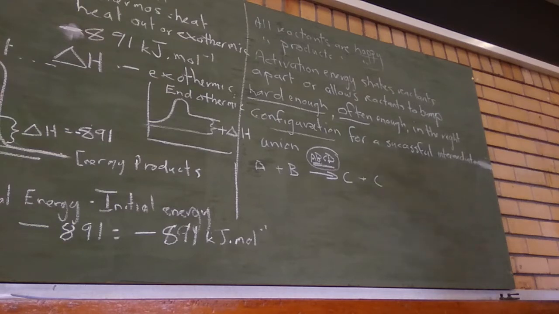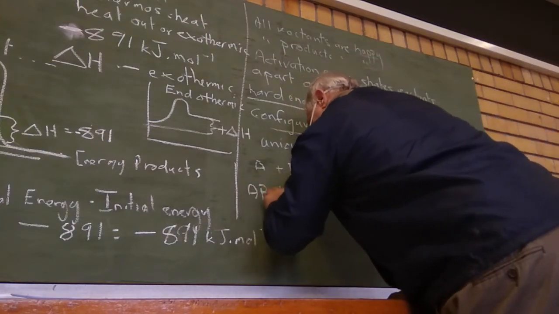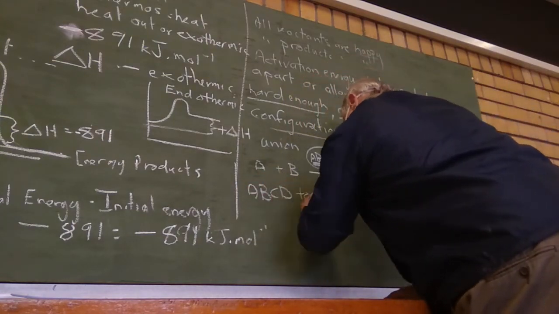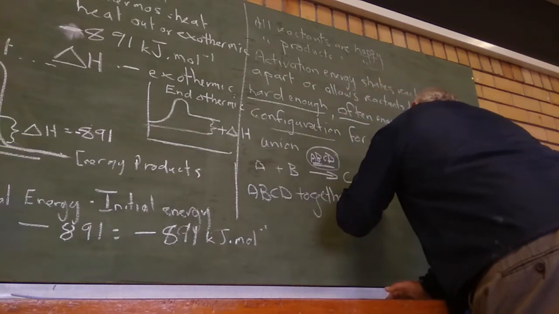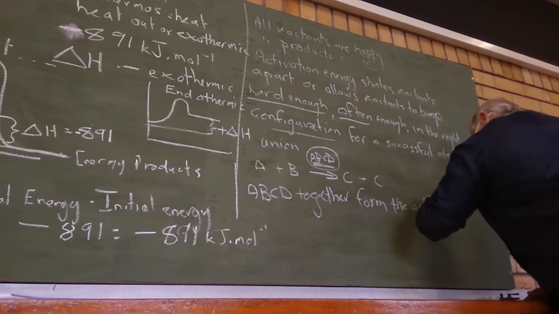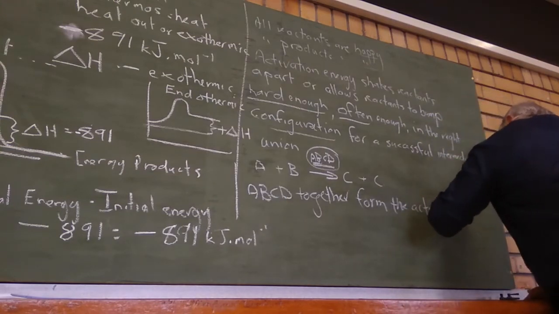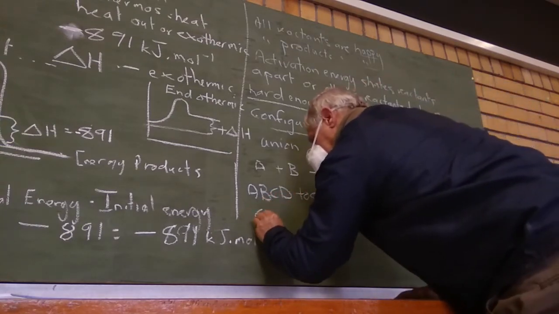We call that, so let's just say A, B, C, D together form the activated complex, or combination of reactants and products.